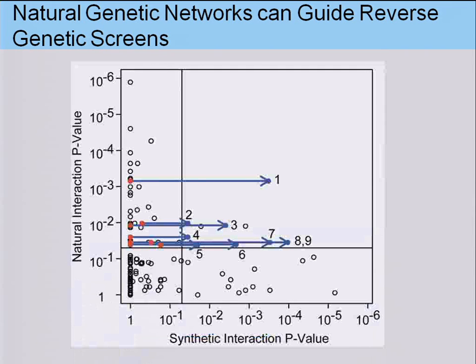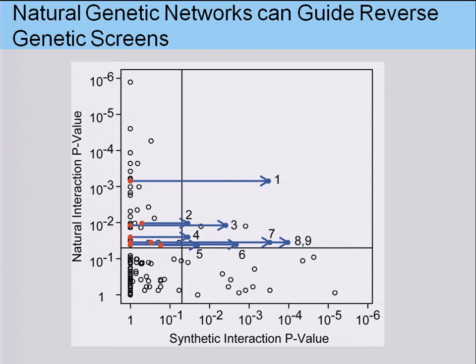So here, each point represents the significance of a complex interaction, either in the synthetic network versus the natural network. And what you notice here is that there's a huge cluster at a p-value of 1, reflecting the fact that it's not that they weren't found in synthetic interactions, but really that they just hadn't been tested.